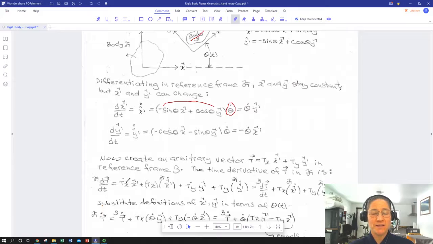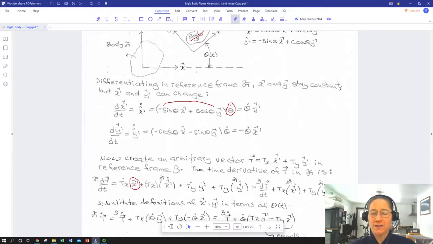So that's t sub x dot directed in the x prime hat, plus, now we're going to do this as our u dv plus v du. We did the du, now we're going to do the dv. So we have our t sub x times the first time derivative of x prime hat with respect to the F reference frame. And we're going to do the same thing with y. We'll get the same kind of expressions.